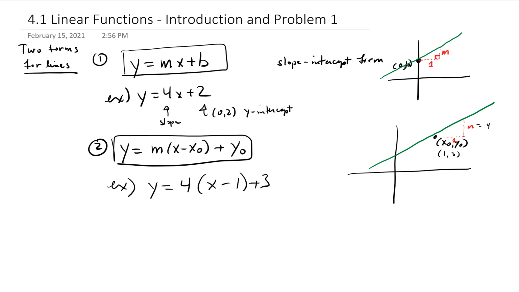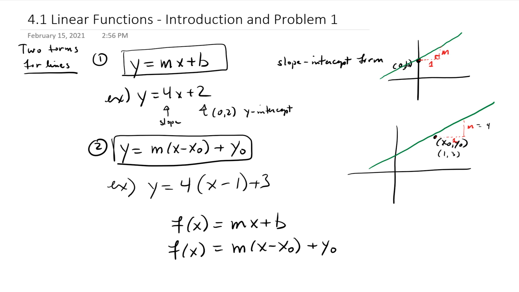Now, to look at those graphs from the point of view of functions, we're going to replace y by f of x. So y is going to be our output. I'm going to write that as a function value. Now we're going to have f of x equals either, in slope-intercept form, mx plus b, or f of x equals m times (x minus x0) plus y0.